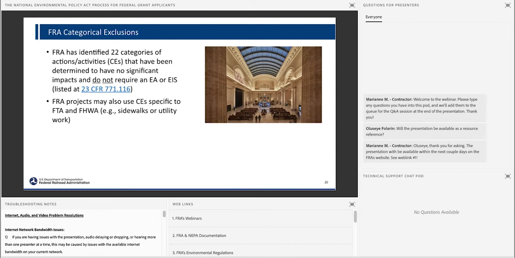As Marlis mentioned, we share those regulations with both the Federal Transit Administration and the Federal Highway Administration. That means FRA projects may also use CEs specific to FTA or FHWA, such as sidewalks or utility work. There are some examples.